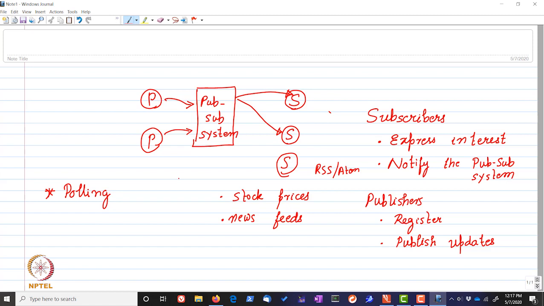Do you have an update? The other is an interrupt driven mechanism, where the subscriber registers her IP address with the pub sub system, and whenever there is a change, the subscriber is notified. Clearly, in an interrupt driven system, the pub sub system has to do the work.